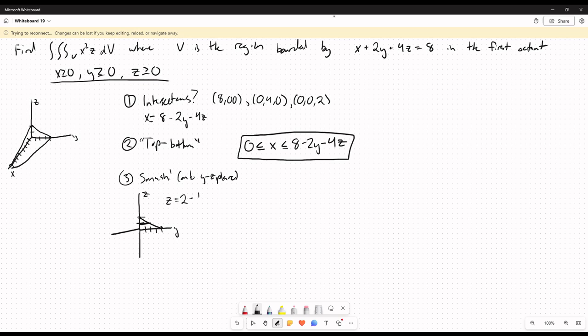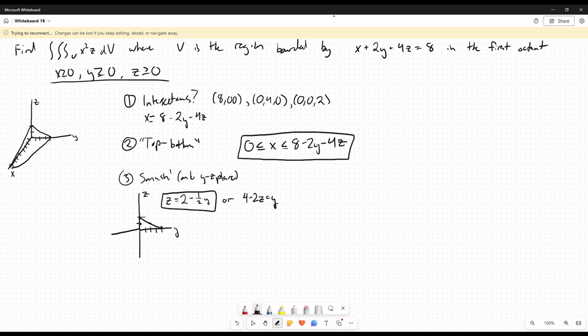So it's z equals 2 minus 1/2 y, or I could solve this for y: 4 minus 2z equals y. And you could use either one of those. I think this one might be a little easier to visualize, so we'll go ahead and use that.